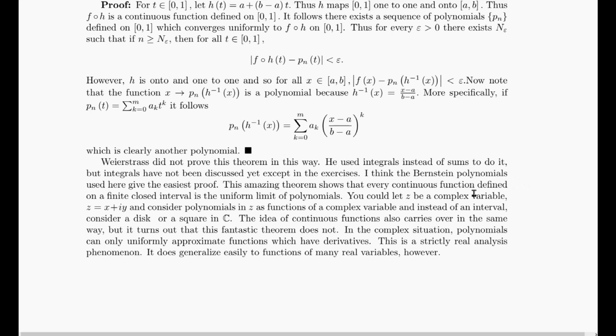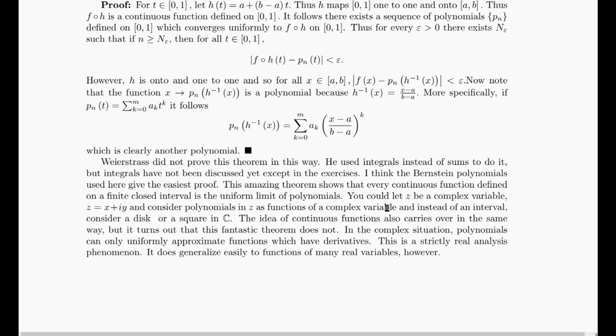And it has an interesting little issue. You can talk about polynomials in z, where z is a complex variable. And so it would be natural to ask whether a continuous function of a complex variable can be written as the uniform limit of polynomials in z. And in place of an interval, you would have, say, a box or a disk or something.